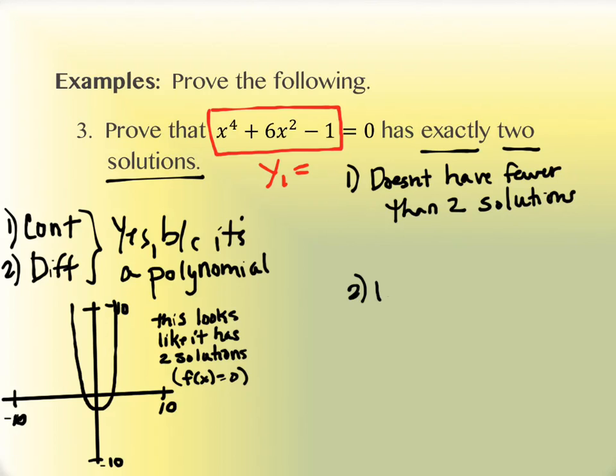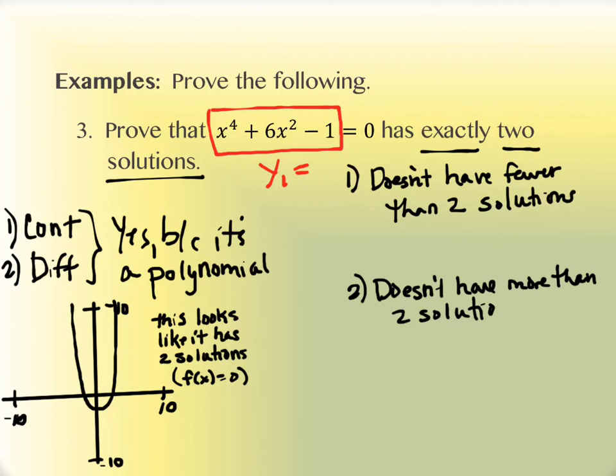And the second thing is that it doesn't have more than 2. Obviously, if it doesn't have fewer than 2 and it doesn't have more than 2, then it must have 2. So we're doing this in a roundabout way, sort of by process of elimination.